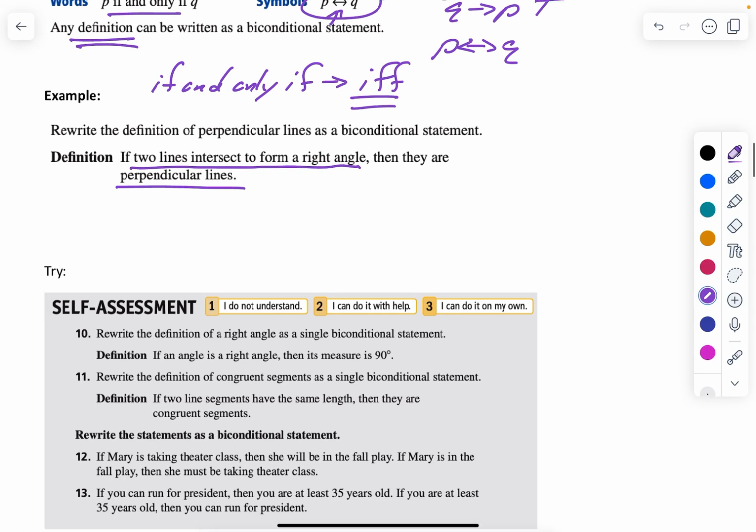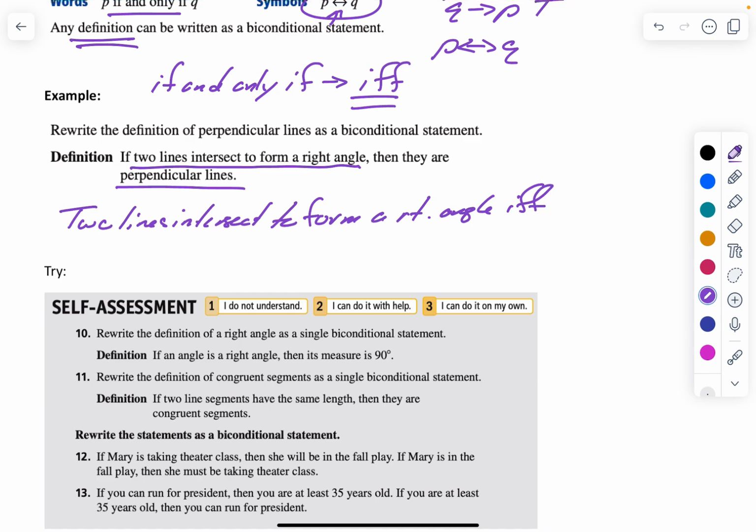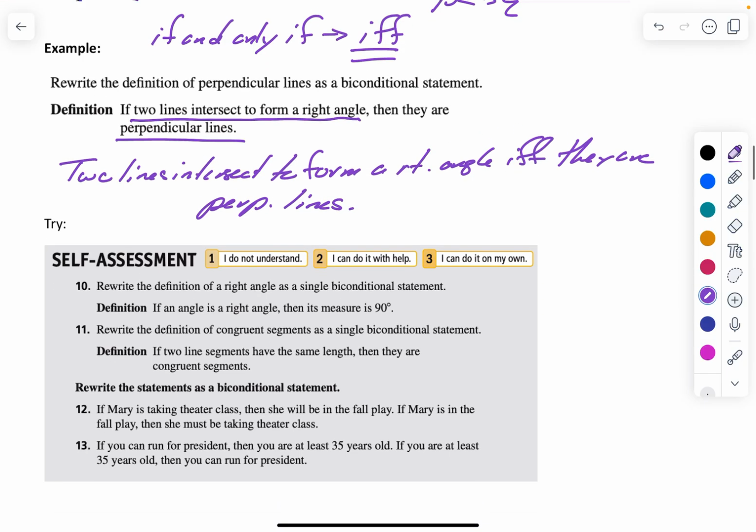So we would say, I shouldn't use a number to start a sentence, proper English: Two lines intersect to form a right angle if and only if they are perpendicular lines. And that's how we would write that biconditional.